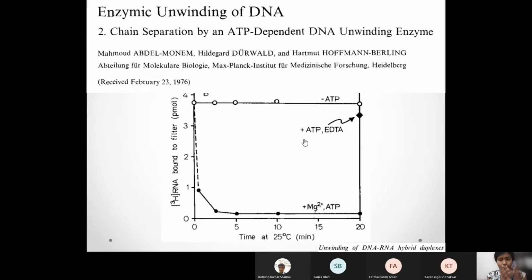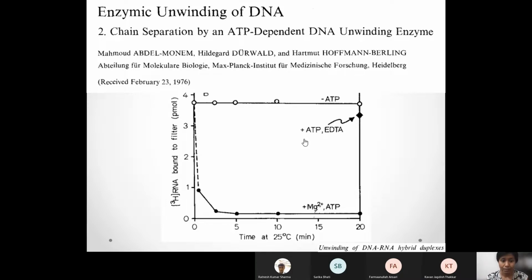So they took E. coli bacterial cells and burst them open, and whatever proteins you have, you can now try to separate according to their size or some other property, such as hydrophobicity. They obtained these different fractions, and one of the fractions showed ATPase activity and a strand separation activity.